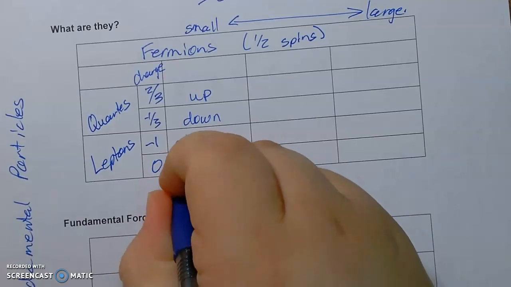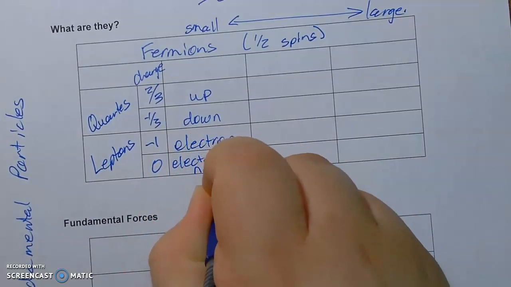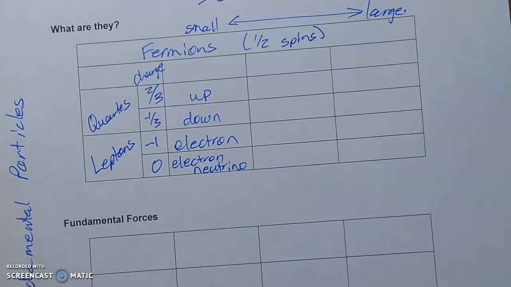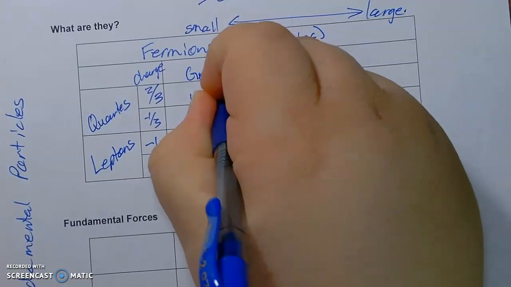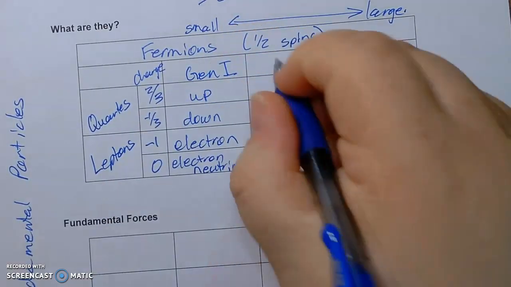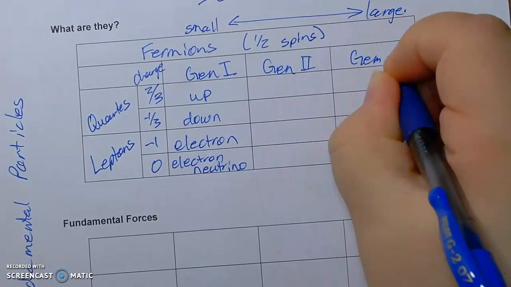And what is something called an electron neutrino. Star Trek likes to use that word a lot. We call all of these generation 1. Okay, and then there's a generation 2 and a generation 3.